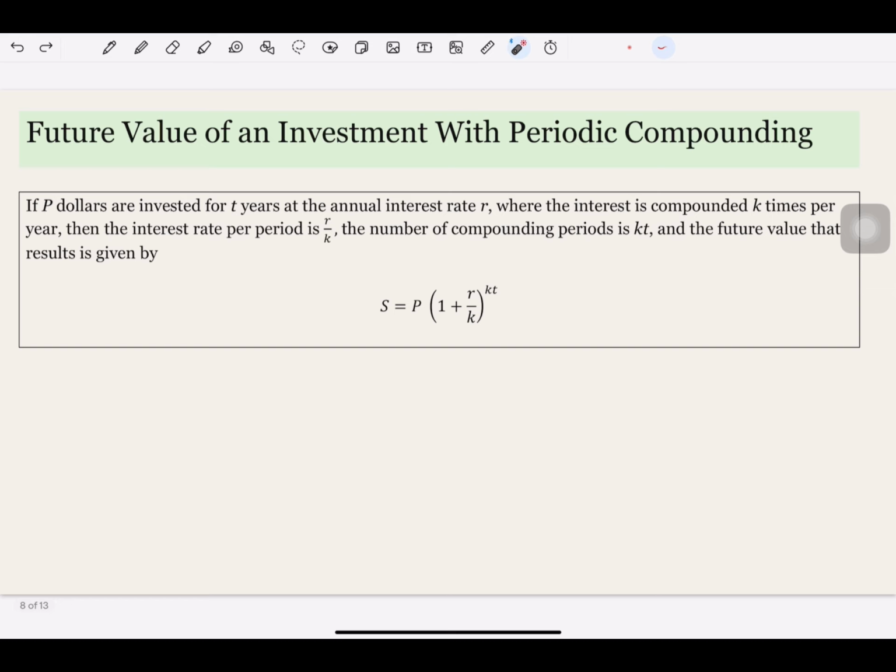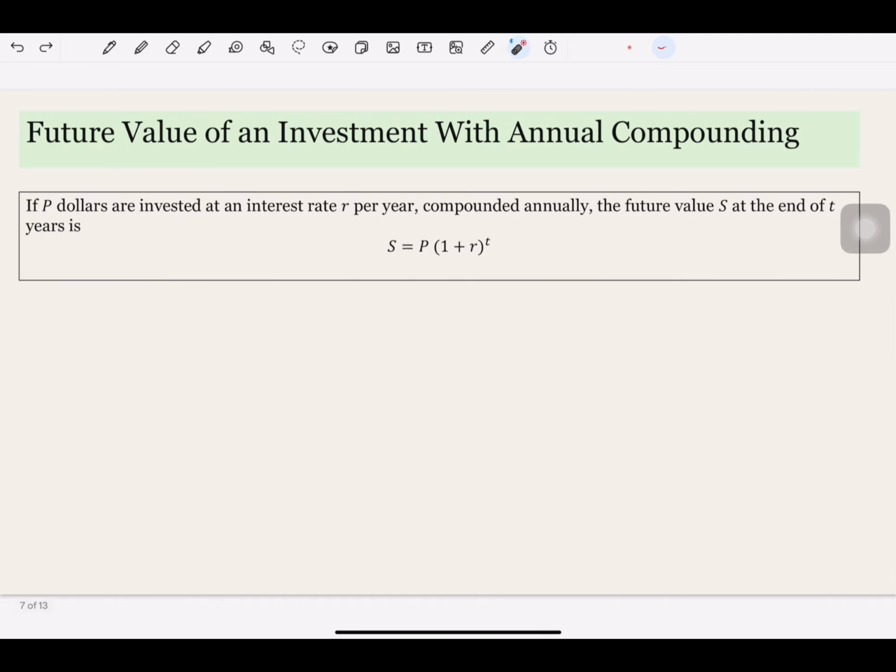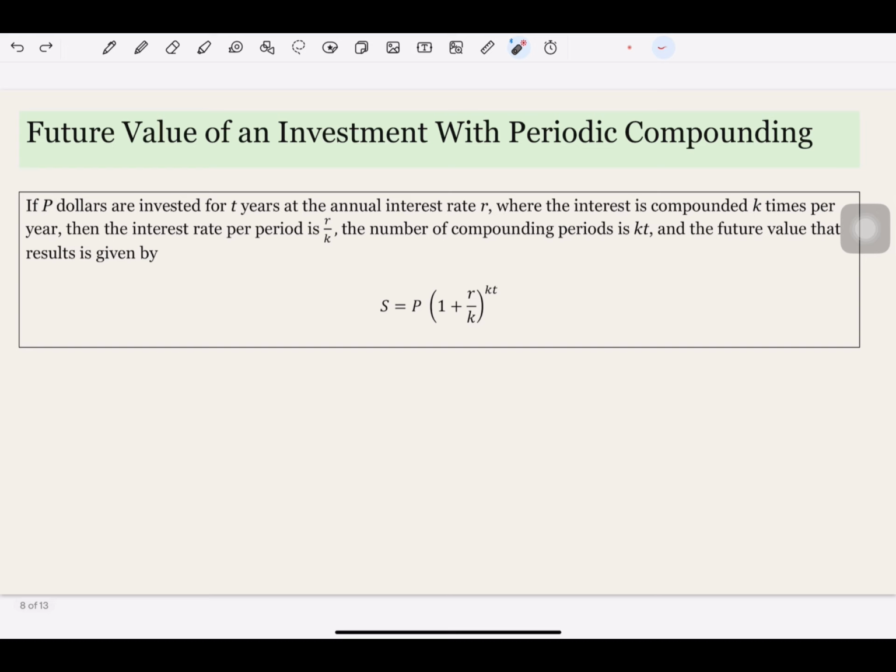Okay, so now let's talk about future value of an investment with periodic compounding. Over here we talked about how compound interest works annually. But what if the interest is compounded more than once per year? Then the formula for the future value of an investment becomes this.